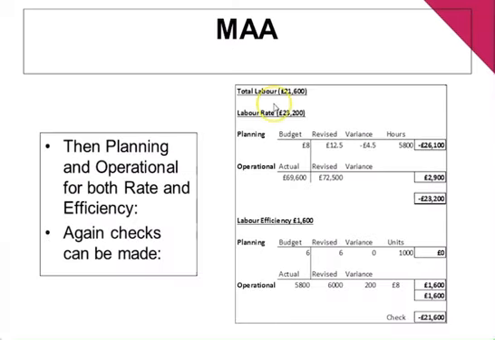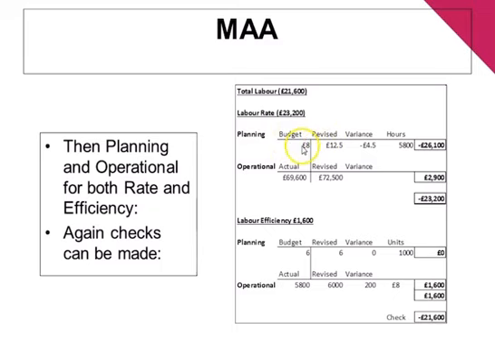So moving on, this is now the planning and operational variances for labour. There's your total labour variance, there's your labour rate and your efficiency adding back to your total labour, and then again we break down into our planning and operational, which finally gives us a check to our overall variance. So let's go through it.